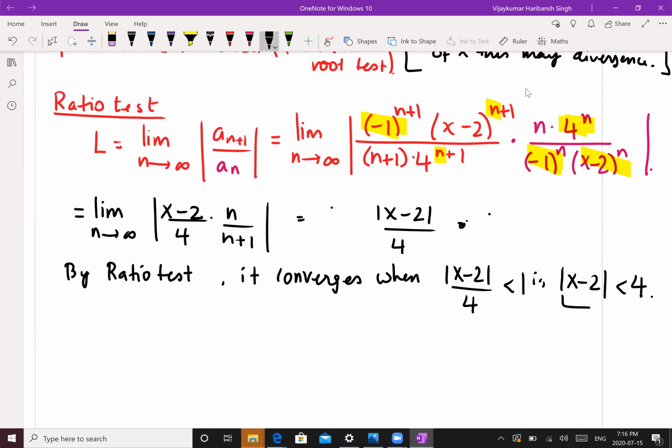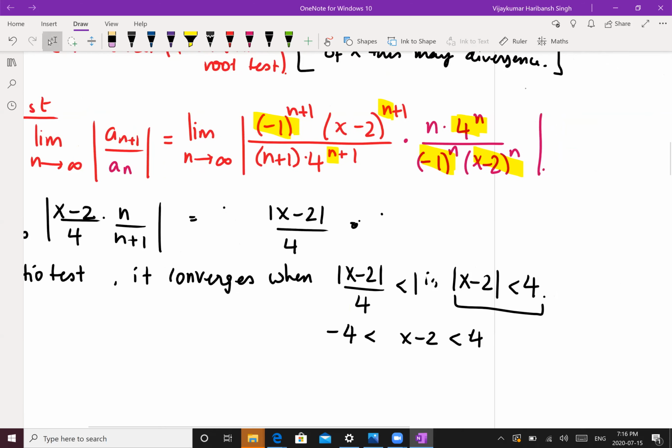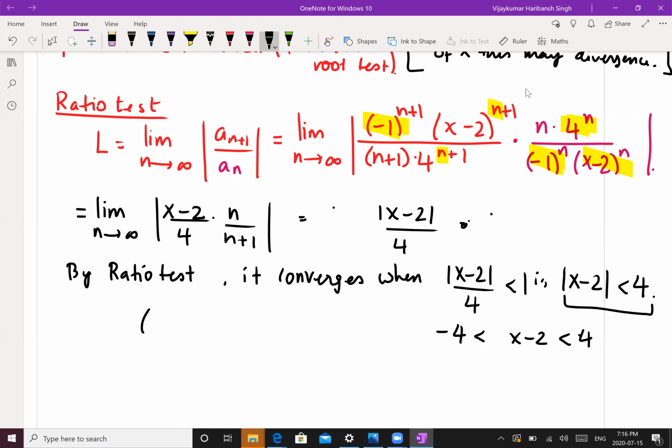And now how do I simplify this part? I can simplify it as follows: -4 less than x-2 less than 4, right? Why is that? Because the absolute value of x less than a implies -a less than x less than a.